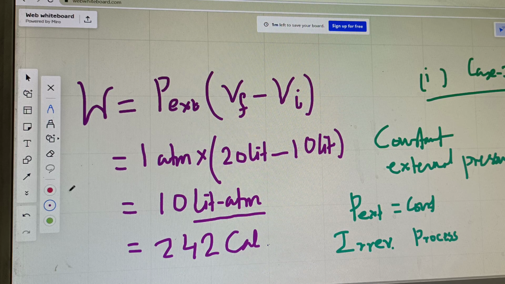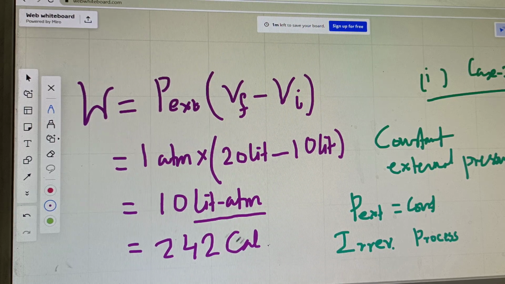So 0.082 liter atmosphere is approximately 2 calorie, so 1 liter atmosphere is approximately 24.2 calorie, and 10 liter atmosphere means 242 calorie. So in the first case we found the value of work done.